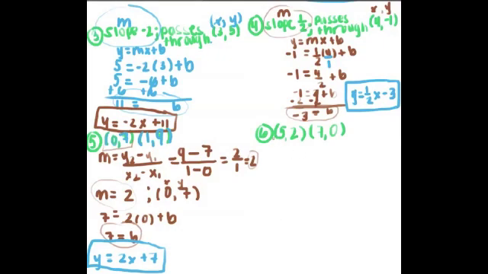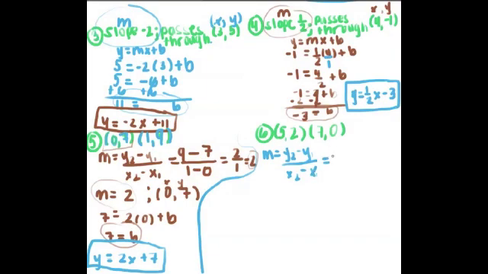Okay. Last one, my friends, let's try number 6. It's another one where I gave you 2 points. So when you see 2 points, you're like, oh shoot, this is the one that I'm going to have to do a little more work with. So there's going to be a pre-step to remember to find the slope. So to find the slope, remember I'm doing y2 minus y1 over x2 minus x1. Okay.